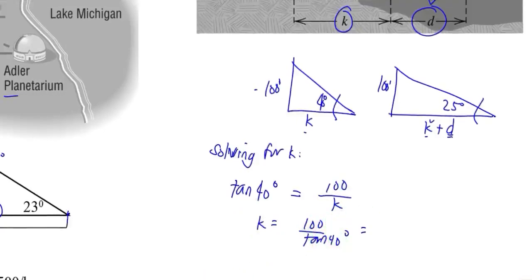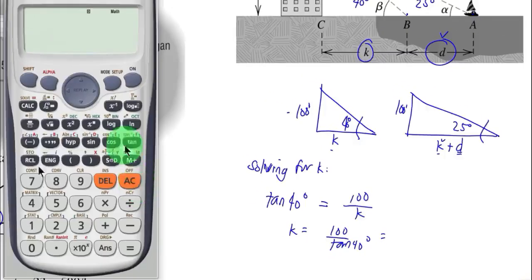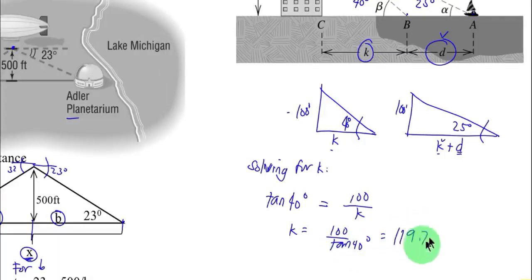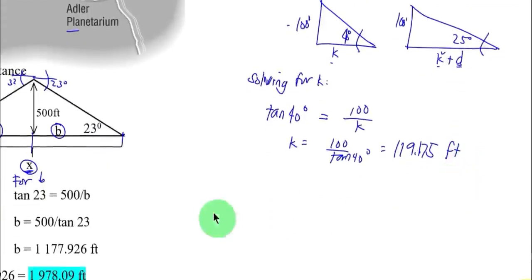That is equal to 100 over tangent of 40 degrees, which is 119.75 feet.